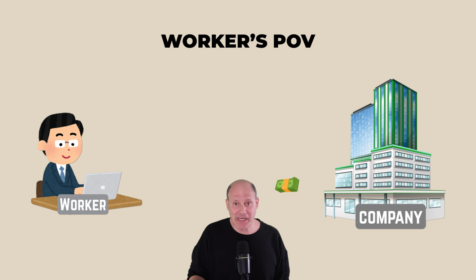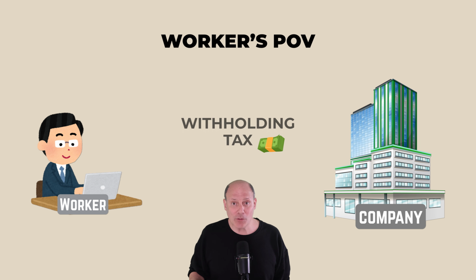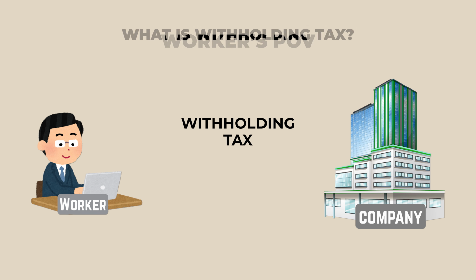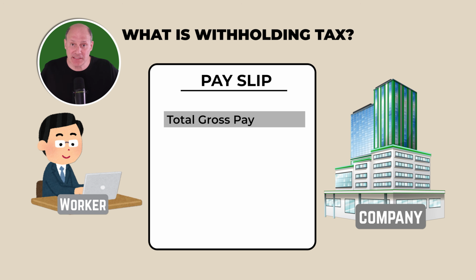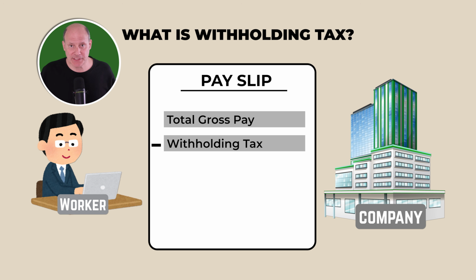And that amount of money that the company withholds is called withholding tax. So, at the moment the boss pays the worker the gross pay, the boss deducts the withholding tax, and the name of the money amount that the worker physically receives in their check is called the net pay.